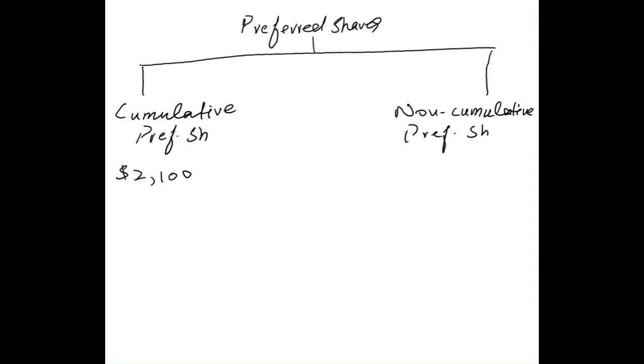$2 100 outstanding cumulative preferred shares, and it also has $2 100 non-cumulative preferred shares. And let's say this is fiscal year 2024, and the company declares no dividends.